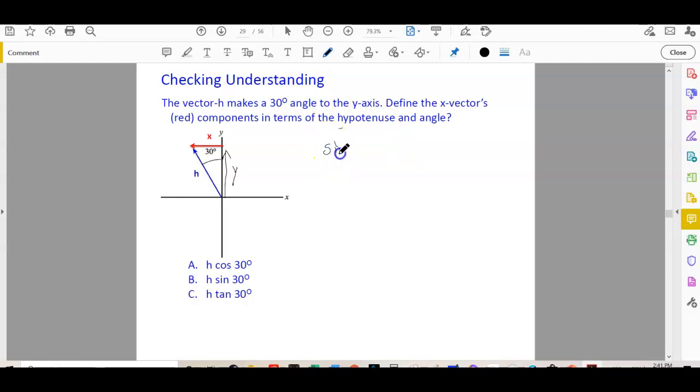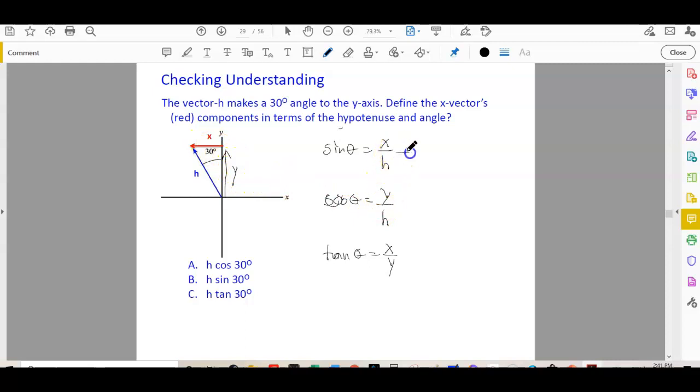Again, I'm going to just list this out. Sine of theta is going to be equal to opposite over hypotenuse. In this case, opposite is x over h. Cosine of theta is going to be equal to adjacent over hypotenuse. And tangent of theta is equal to opposite over adjacent.